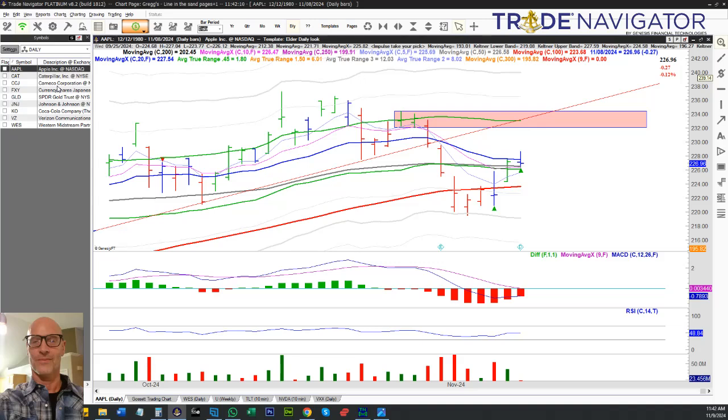So if we look at Apple right now, it's not where it needs to be, but you can see I have this red box here. This red box is a bearish order block. Why is it an order block? Well, because when we move down here, we took out this swing low, which, even though it's going up in the bigger picture, is in a bearish market structure.